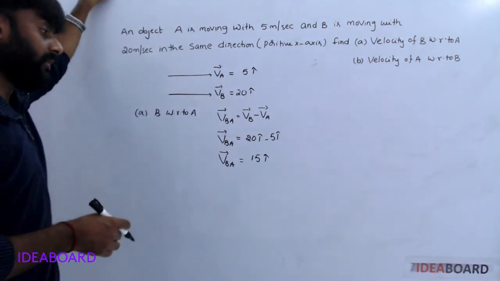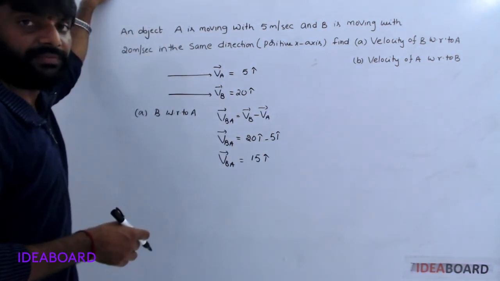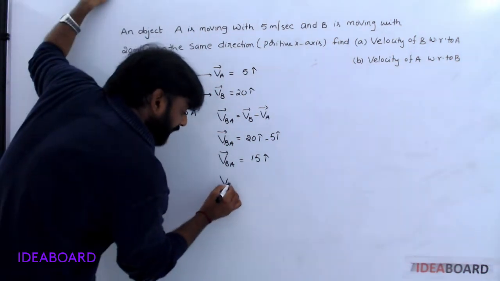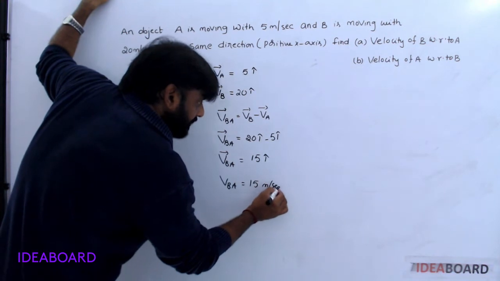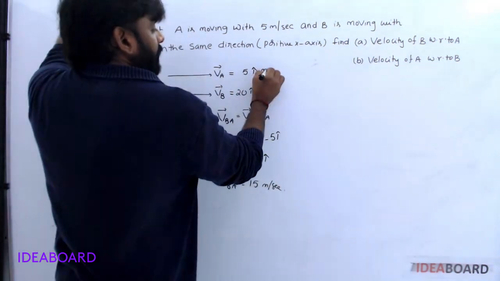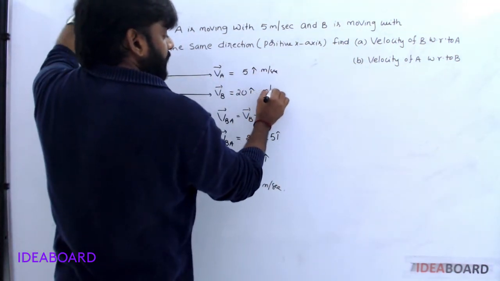B with respect to A, what is the relative velocity here? 15. So taking the magnitude, it is simply 15 meter per second. Understood? Units, meter per second.